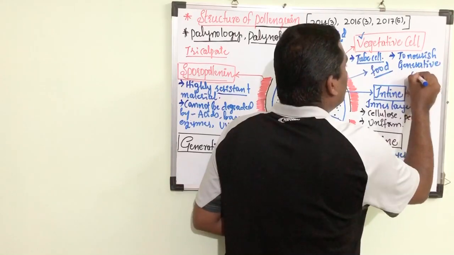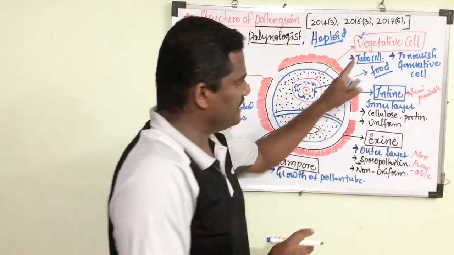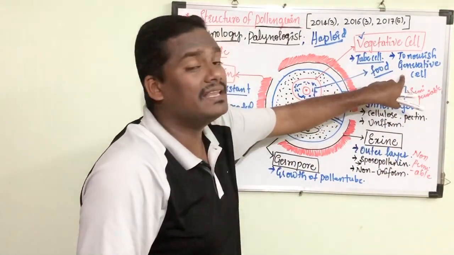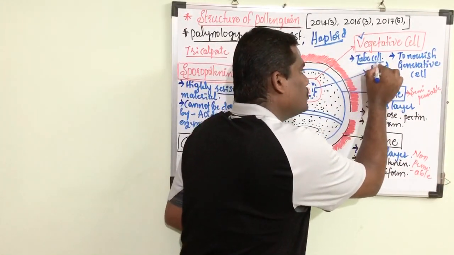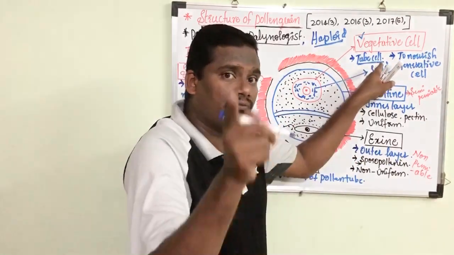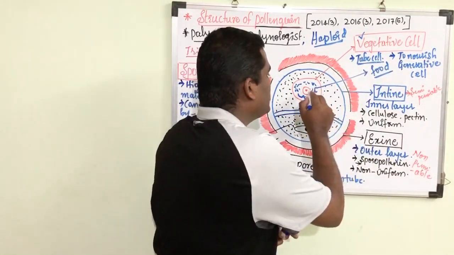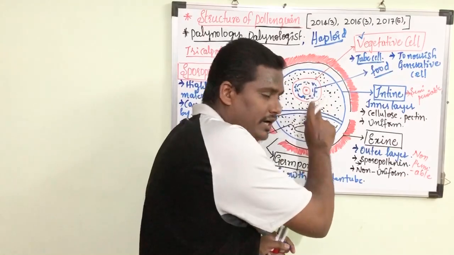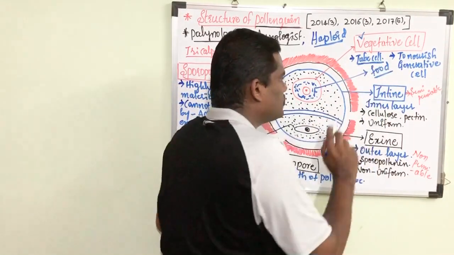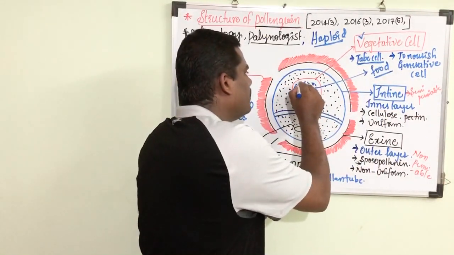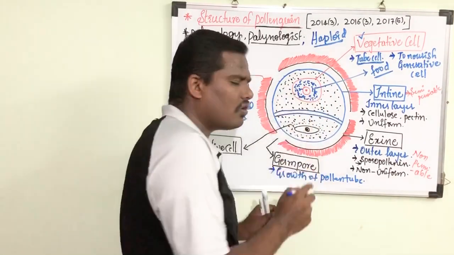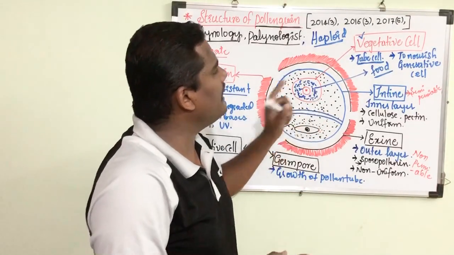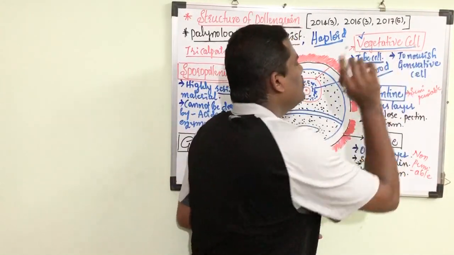This vegetative cell is also called tube cell, because in future after pollination this will develop into a pollen tube. Here abundant food is stored. That is why it is called vegetative cell.